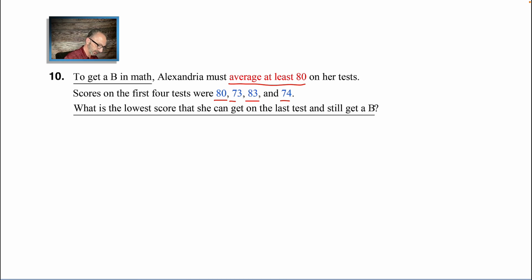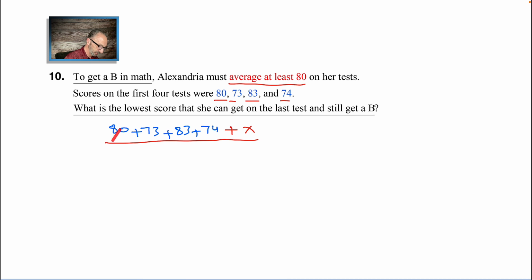To do it, we're going to do the following. I do have 80 plus 73 plus 83 plus 74 plus, we don't know the last one. So let's call it X. Now the average for these exams, you add them up and divide by how many?